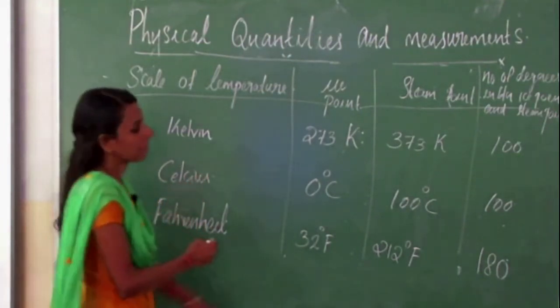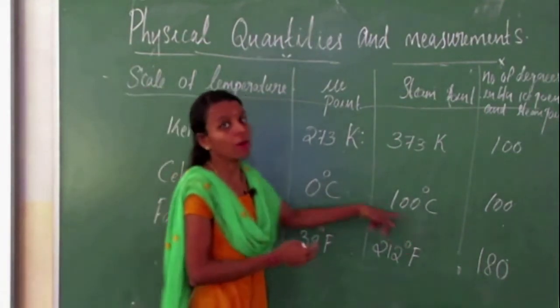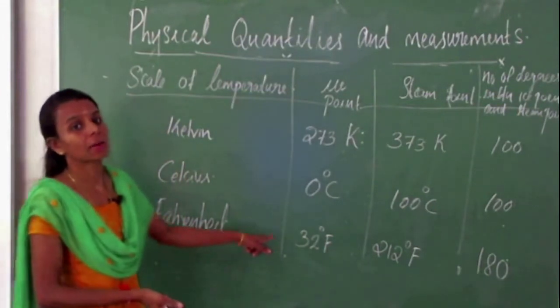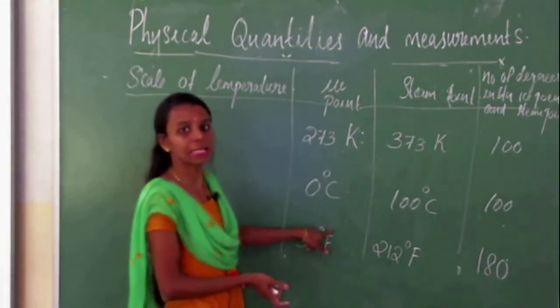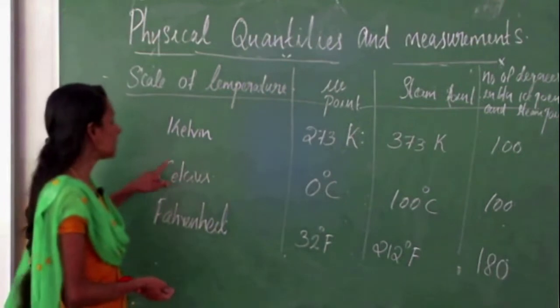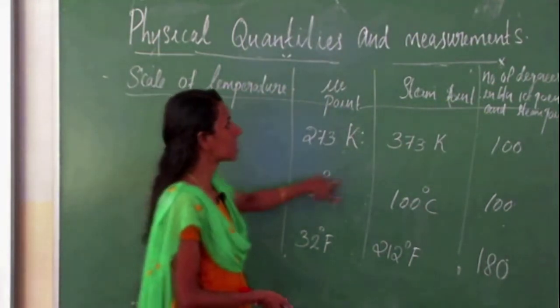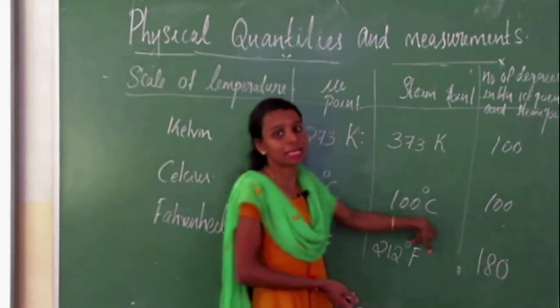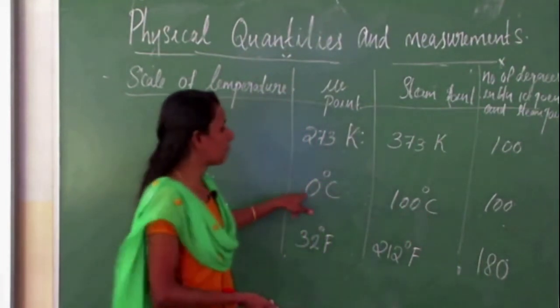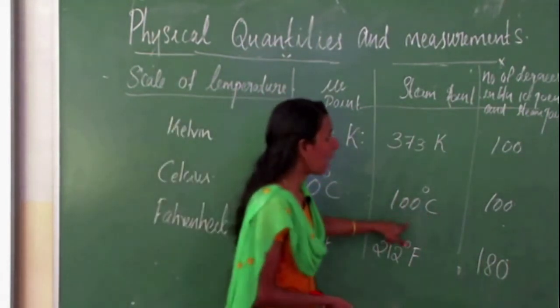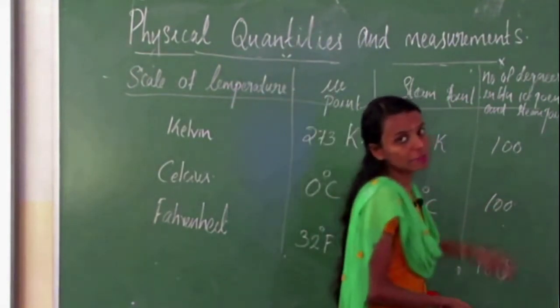In Celsius, 100 degrees Celsius. What is the melting point of ice? Melting point, 0 degrees Celsius. So, by using the Celsius scale, the ice point is 0 degrees Celsius and the steam point is 100 degrees Celsius. So, in between the ice point and steam point, there are 100 divisions.